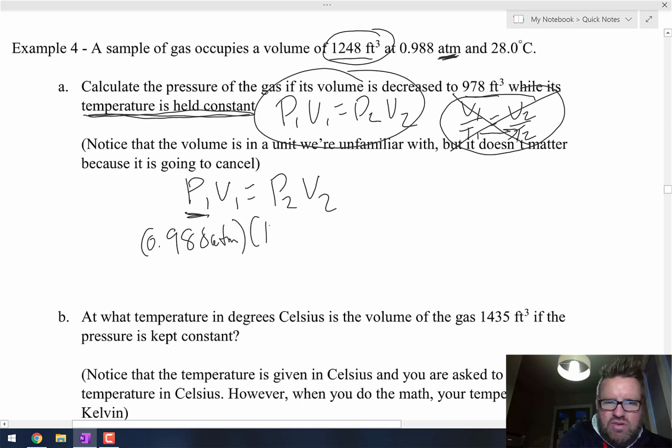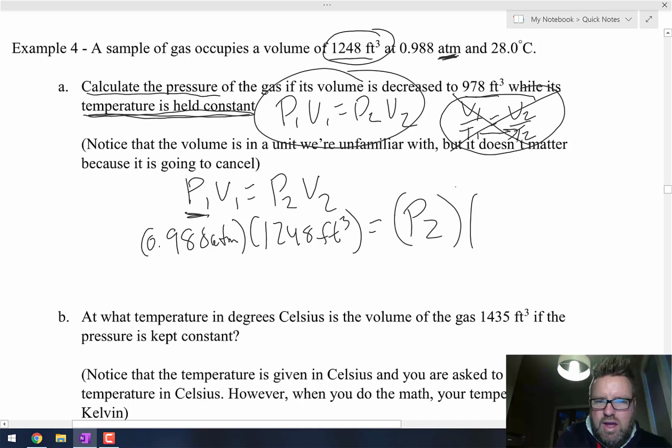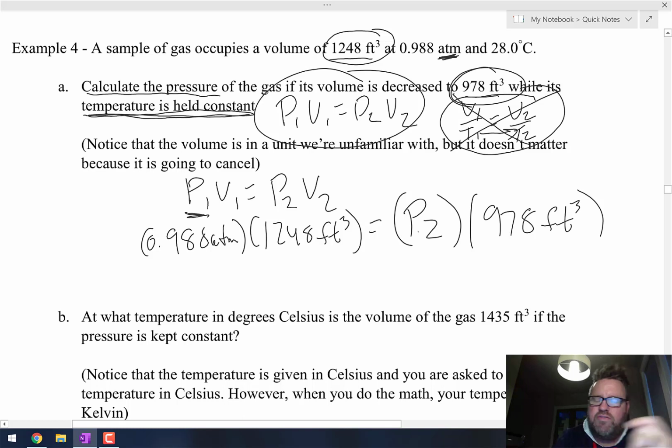The initial volume is 1,248 cubic feet. Our final pressure is what they're asking you for. Calculate the pressure. So P2, and then times V2, the final volume is 978 cubic feet. And so to find P2, we divide by 978.